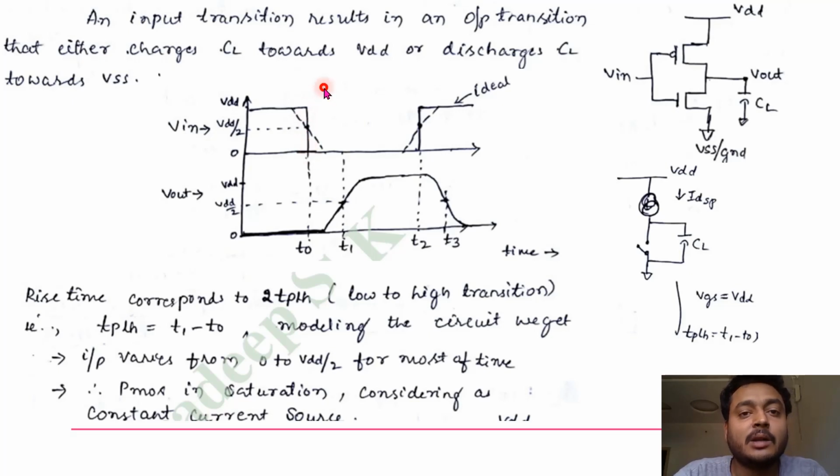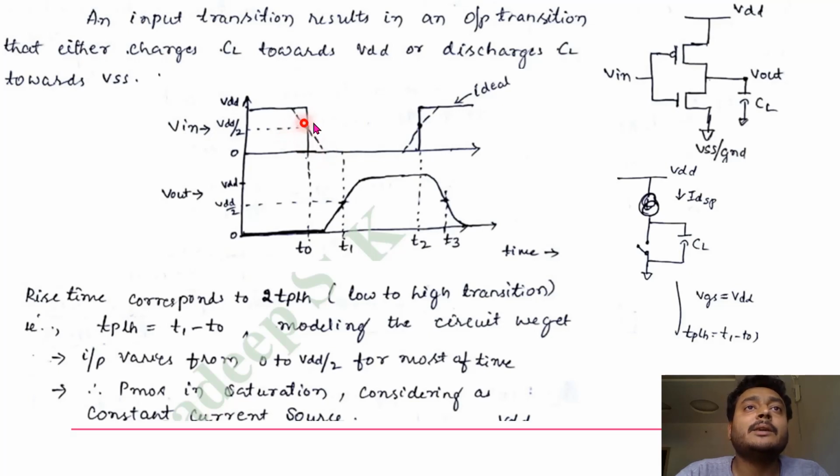It will take some time to rise to VDD, and some time to come down from VDD to ground. So for practicalness, assume this will be the transition. The dotted line will be the actual transition happening.